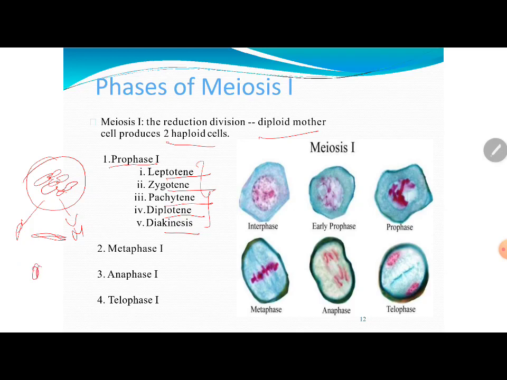So during this prophase, what happens is, during these 5 stages, these non-sister chromatids will lie close to each other and exchange of genetic material takes place. This is what is called as crossing over, and this process takes place in this prophase 1. We will study this prophase 1 in detail.